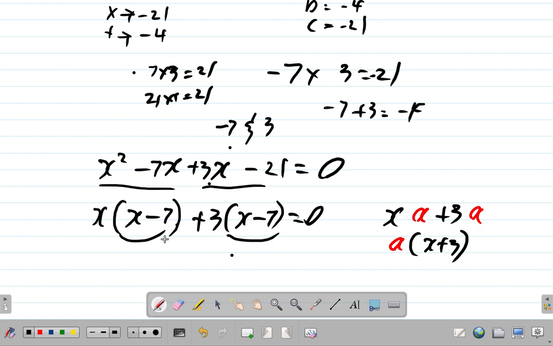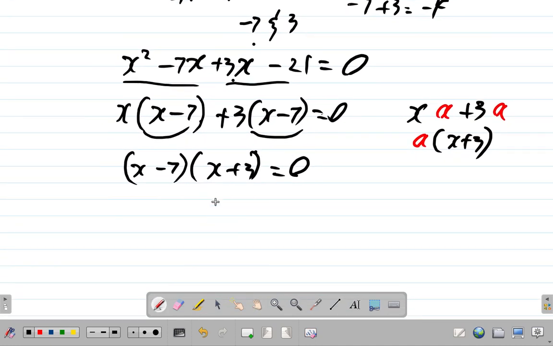In this case, the x minus 7 comes in like the a. So you have x minus 7 outside the bracket, and in the next bracket you have x plus 3, and then equals 0. You see? The argument now is this.